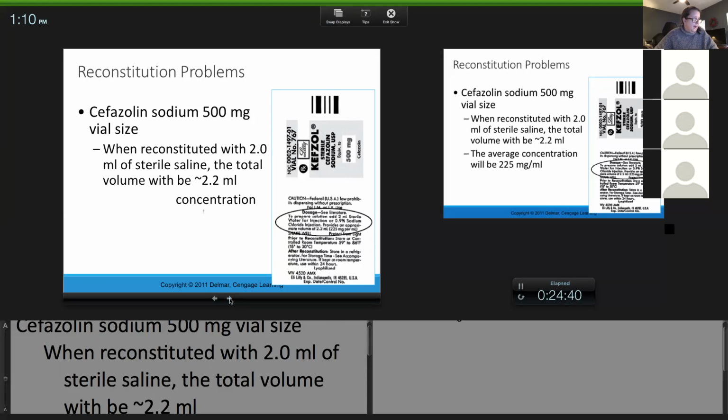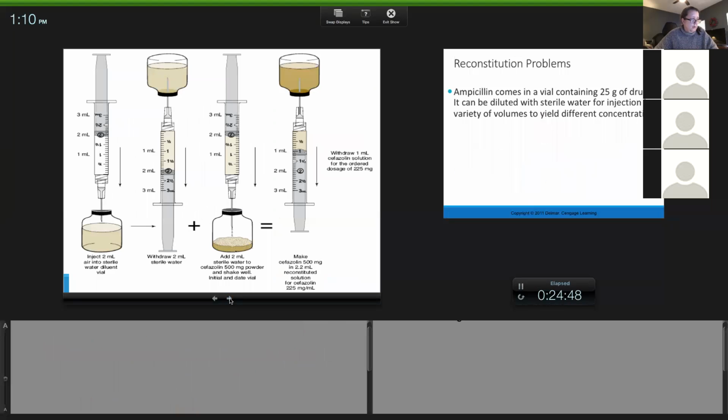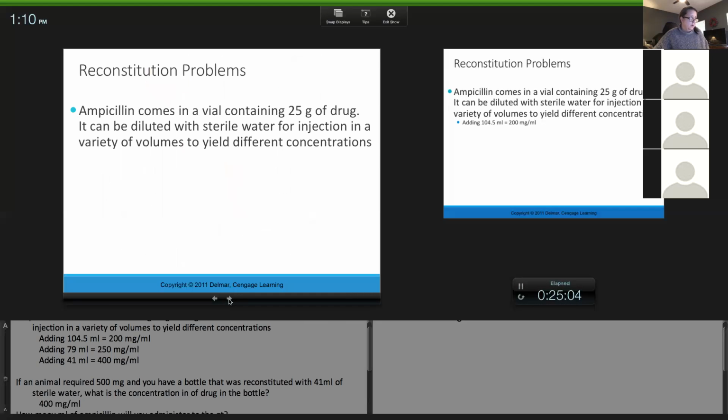That gives you 500 milligrams of drug. Again, because we're stressing math, there's a way to add the fluid: you add air to the bottle, withdraw sterile water, inject it into the bottle of medication, and reconstitute.